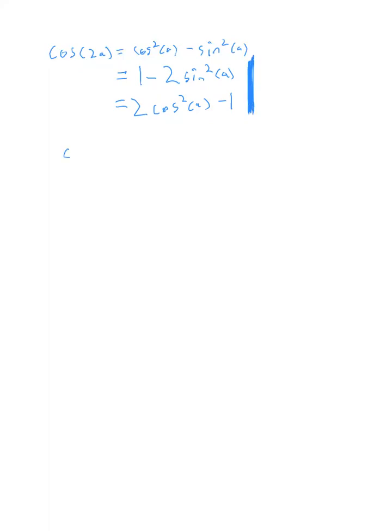So let's write out just the equivalents that we have for the second line. Cosine of 2a is equal to 1 minus 2 times sine squared of a. Now I can subtract 1 from both sides to get cosine of 2a minus 1 is equal to negative 2 sine squared of a.